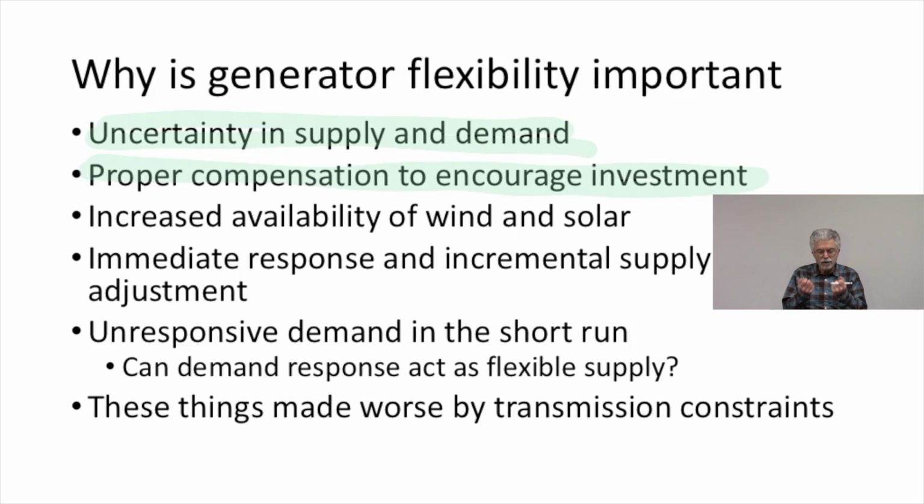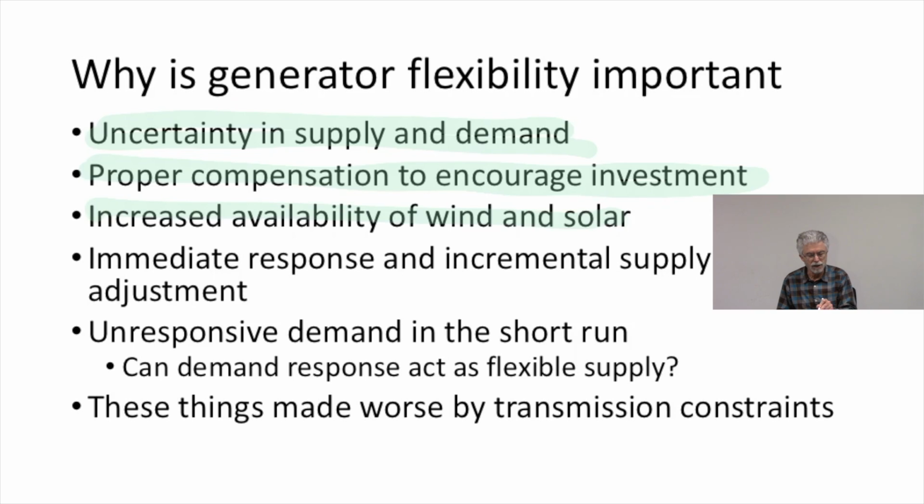So different mixes of flexibility is important, and we need to make sure that both baseload style power plants that have really long ramp times and expensive ramping are well compensated, along with those other resources that are fast ramping resources that can match supply and demand better.